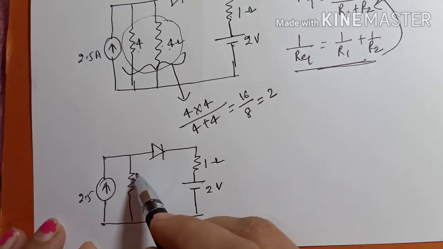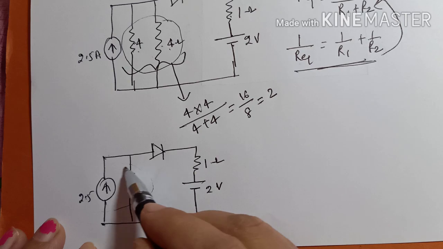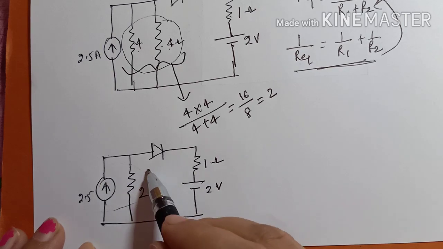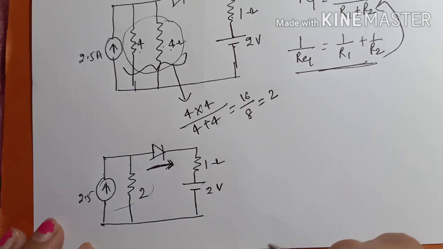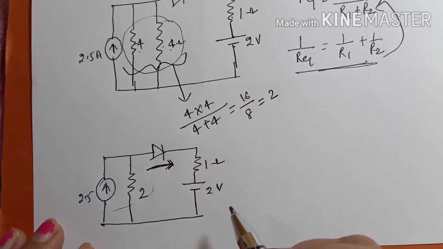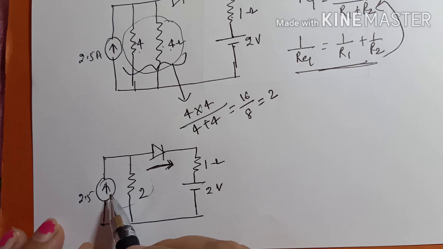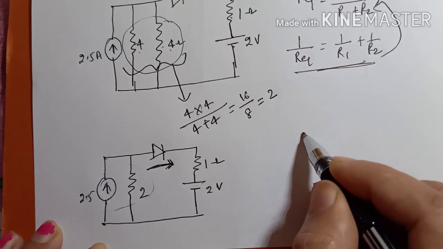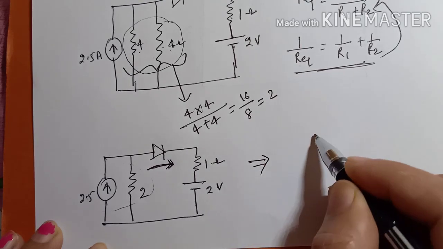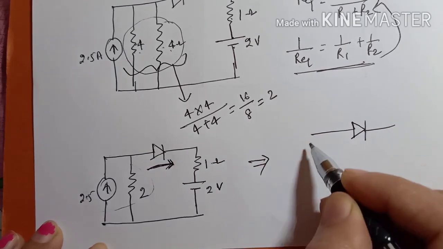Now see here, now again you can convert this current source into a voltage source, because you need to find the current flowing through the diode. For finding the current you need voltage and resistance, and this is the current source. So I am converting this current source into a voltage source.